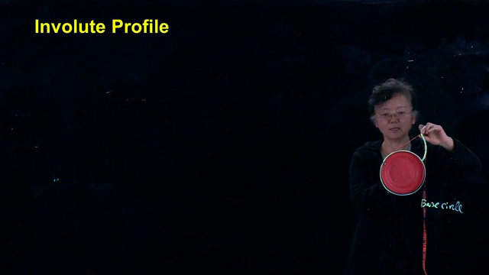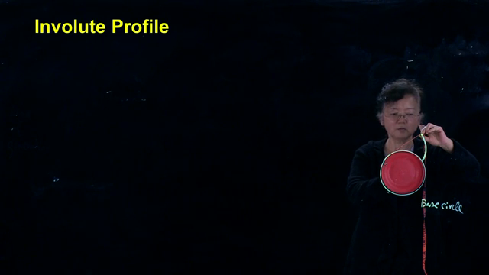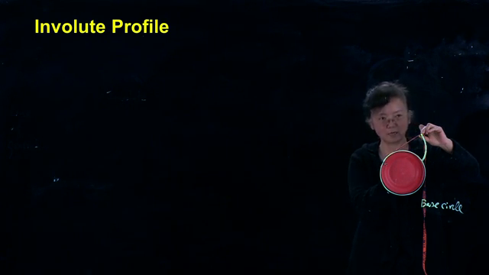Third one is that the straight line from the tangent point to my pinpoint equals the arc length from this tangent point to the starting point of the involute on the circle. All right, so this arc length equals the straight line length.